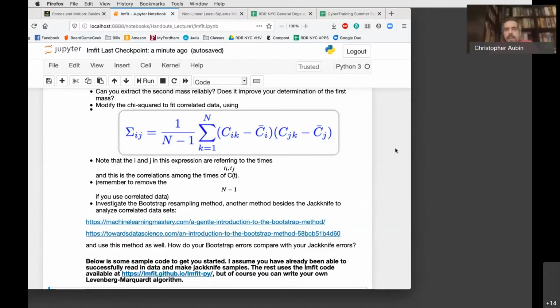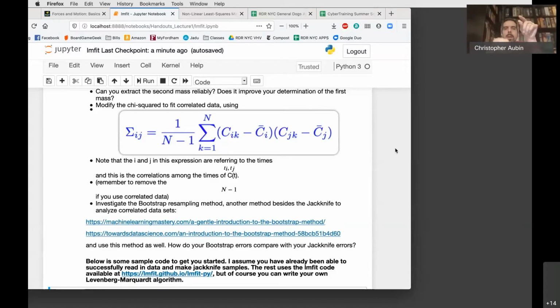Then once you get these error bars for each value of C of t, for each time value, there's also the fact that the value of, say, C of 4, at t equals 4, may go up or down based upon its error bars.